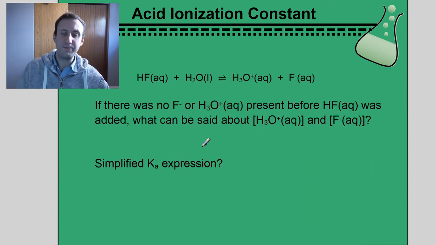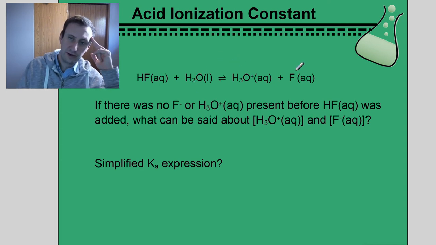Okay, so going back to this, if there was no F minus or hydronium present before HF was added, what can be said about hydronium and fluoride? Essentially I don't have any of this to start out, before it was added.